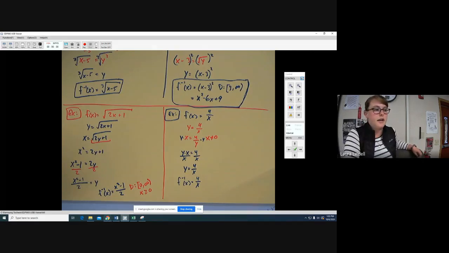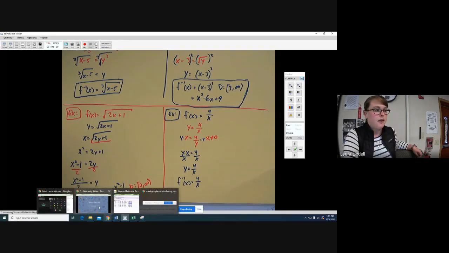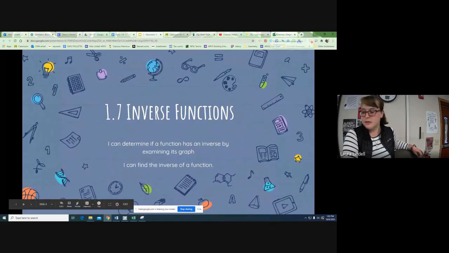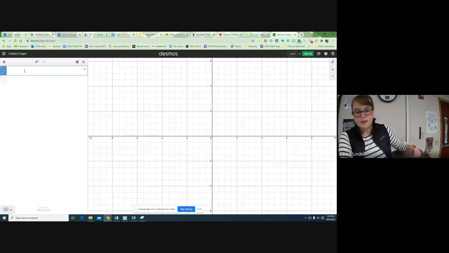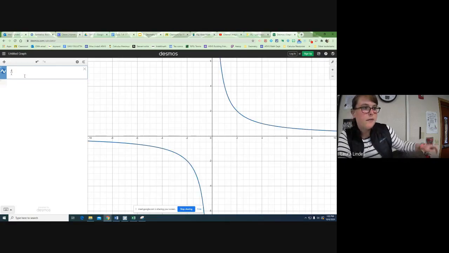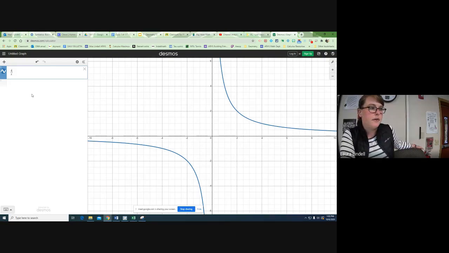And it's interesting to look at graphically as well. So we're going to take a look in Desmos real quick at what that looks like. So we had 4 over x was our function, and it's also its own inverse.